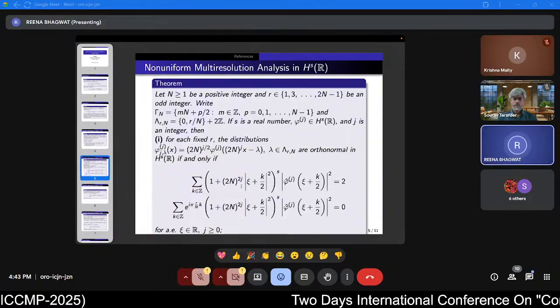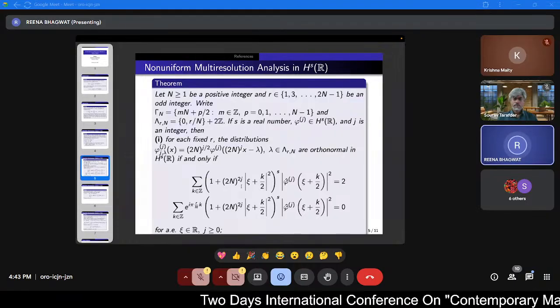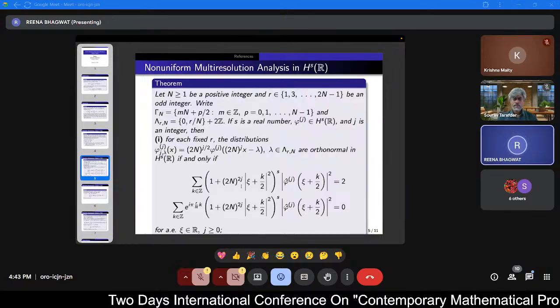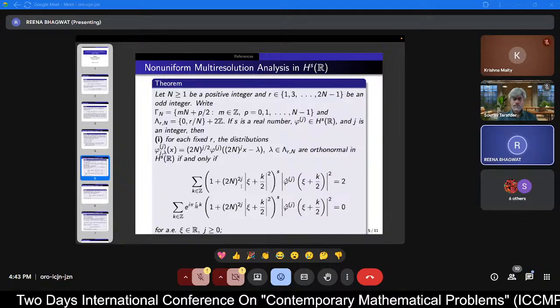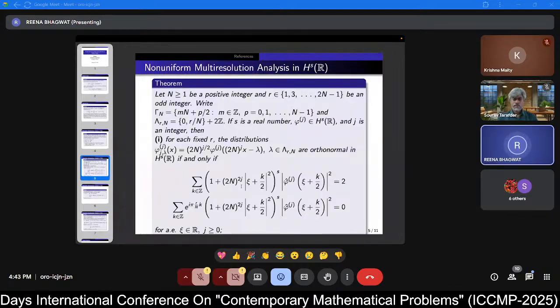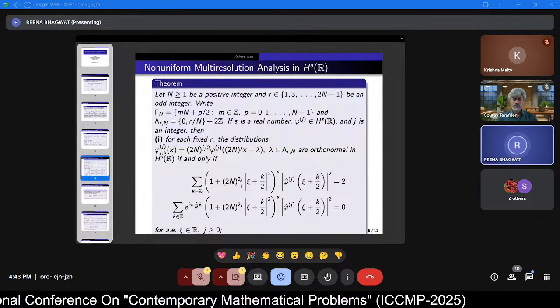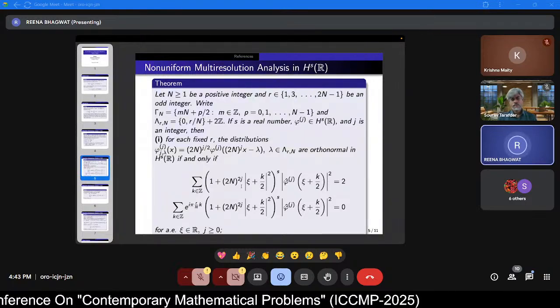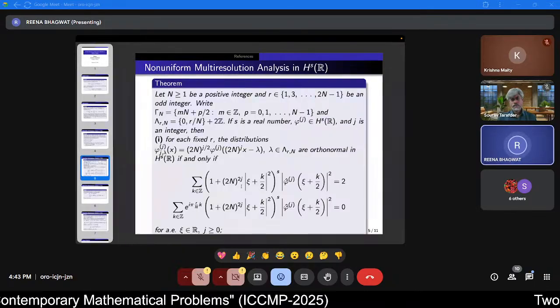Now this is the main theorem of our paper, known as the orthonormality condition of multi-resolution analysis in the Sobolev space. Let n be greater than or equal to 1, a positive integer, and r belongs to 1 to 2n-1, an odd integer. Now we write this gamma and this capital gamma rn like this.